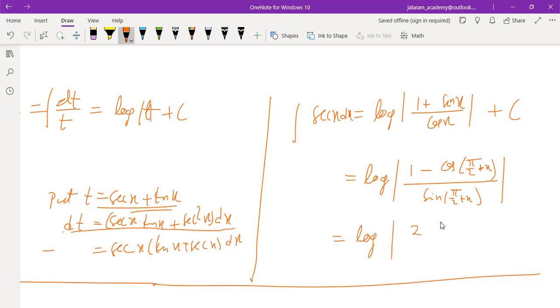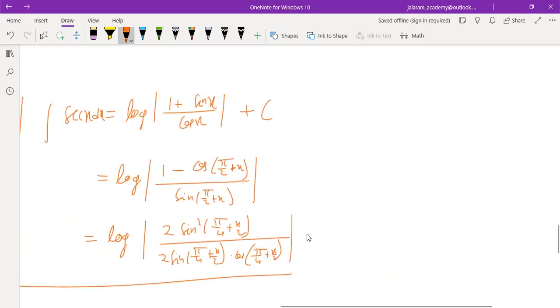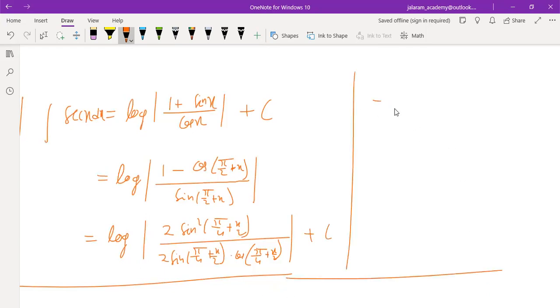Now if we use the formula for 1 minus cos 2a as 2 sin square a, this is 2 sin square pi by 4 plus x by 2 over the denominator sin 2a, 2 sin pi by 4 plus x by 2 into cos pi by 4 plus x by 2, plus c. So 2 will be cancelled out. One of the sines will be cancelled out.